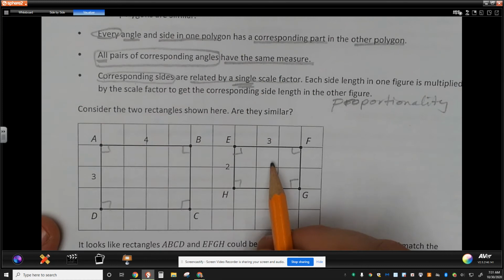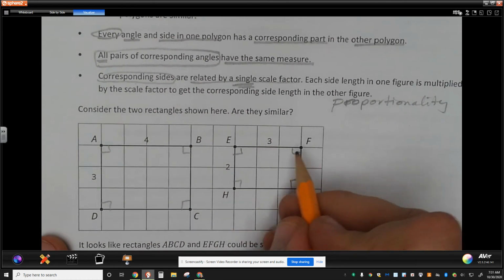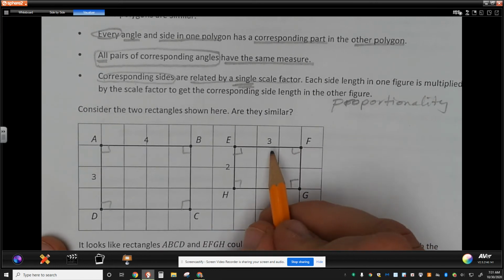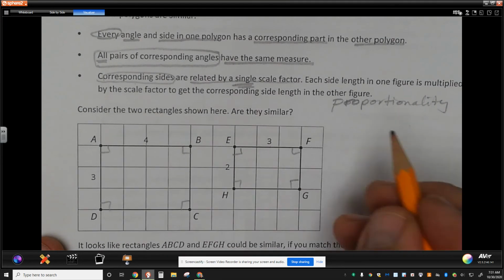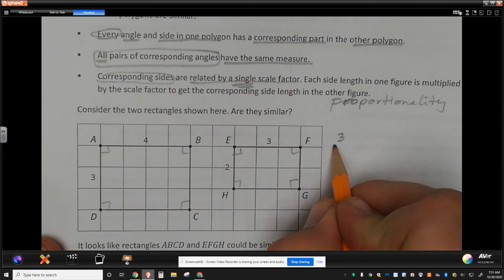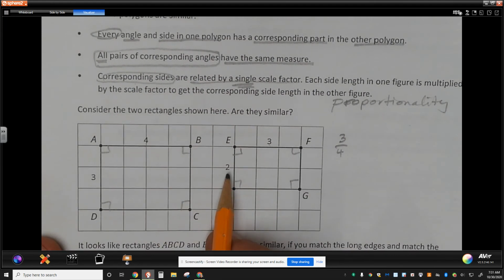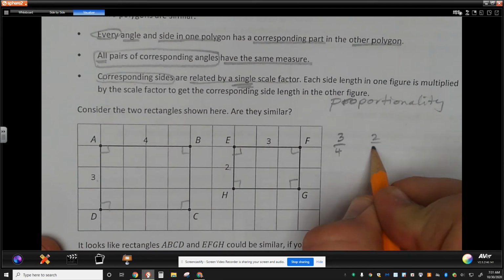Well, let's say that this rectangle is a dilation of this rectangle, meaning it's made smaller. Under the rules of dilation, to figure out the scale factor, we want to take the dilated image and divide it by the original figure. So we would take 3/4, and then compare that to a ratio that compares the smaller side to the larger side of 2/3.